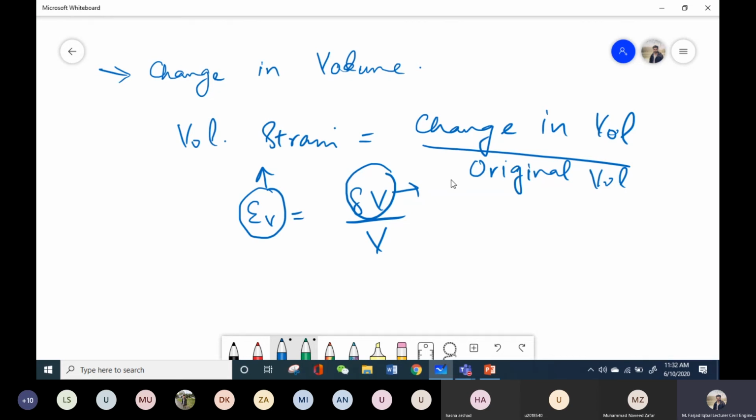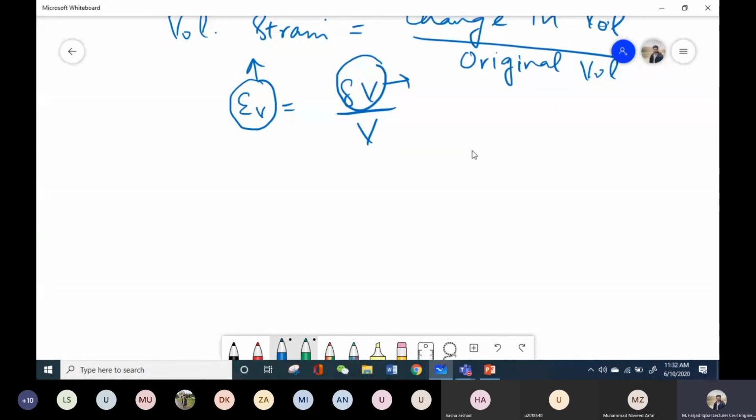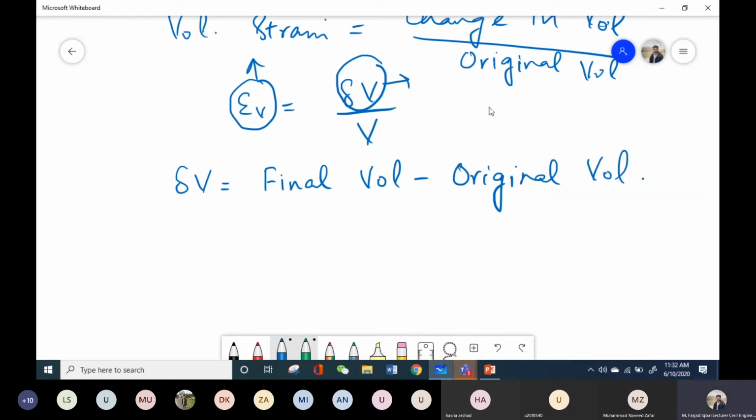So the change in volume, delta V, will be equal to final volume minus original volume, right? We know the original volume V is pi by 4 d square into L. And what is the final volume? That we have to compute, and if we can calculate the final volume, we can calculate the change in volume directly.